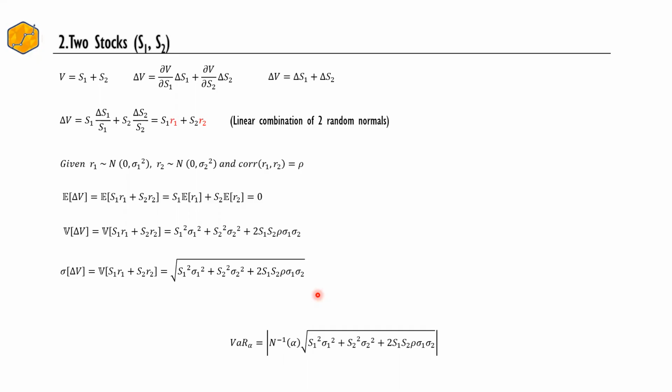There is another question. Can this be extended to calculate expected shortfall? Not exactly, because expected shortfall has a different calculation. This is mostly for value at risk.